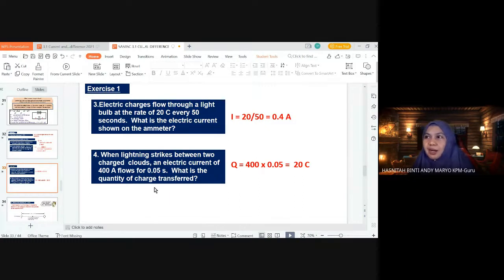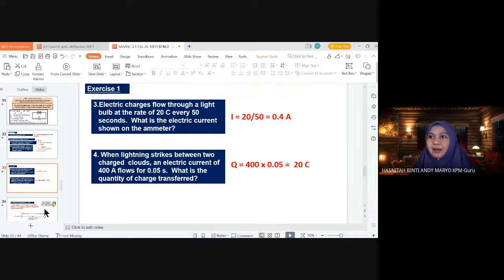Quantity of charge means Q. They give you I, which is 400 ampere, and they give you T, 0.05, so we can find Q, the charge. Using Q equals IT, we get 20 coulomb.